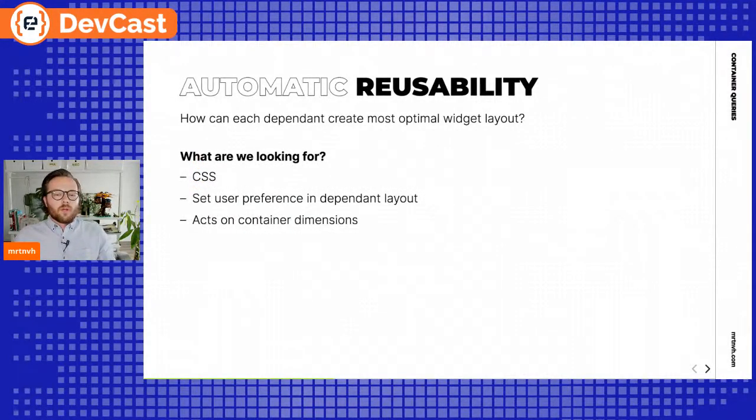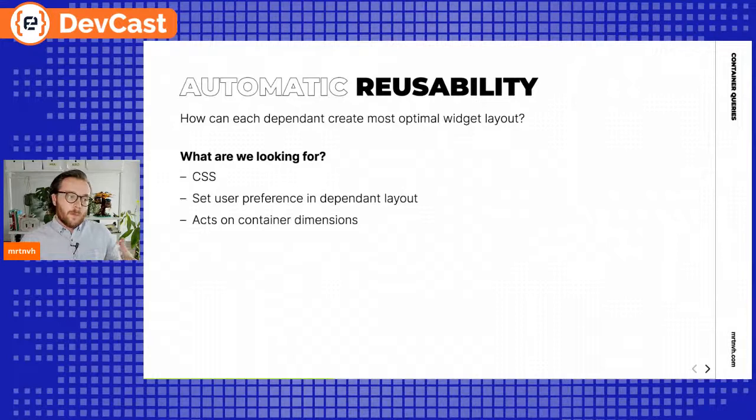So what are we looking for? We're looking for something in CSS, because the layout is computed before JavaScript. We need to be able to set the user preference in the dependent layout.